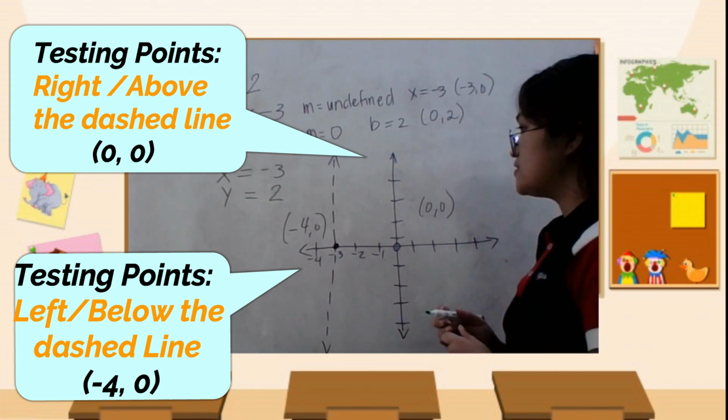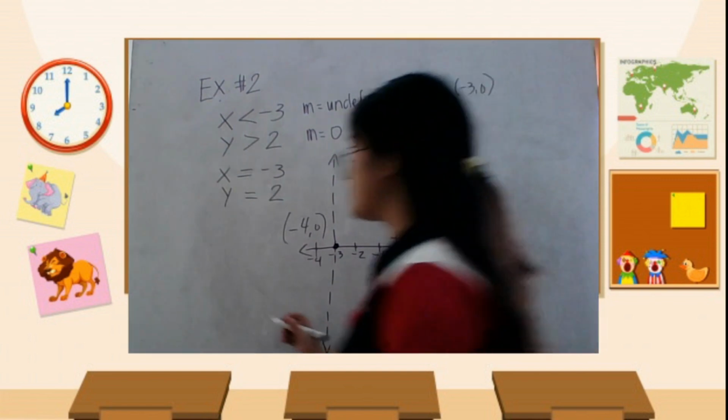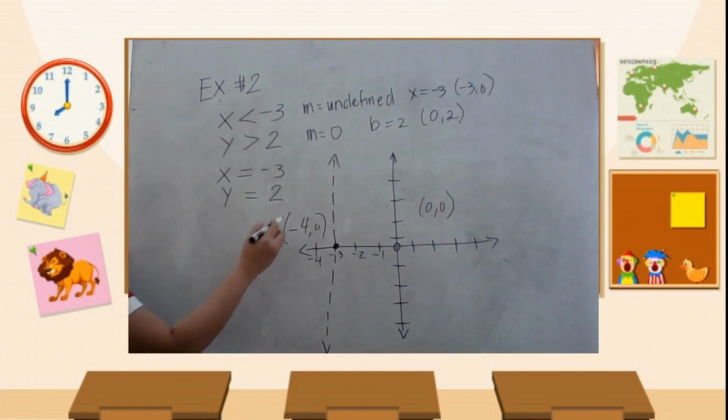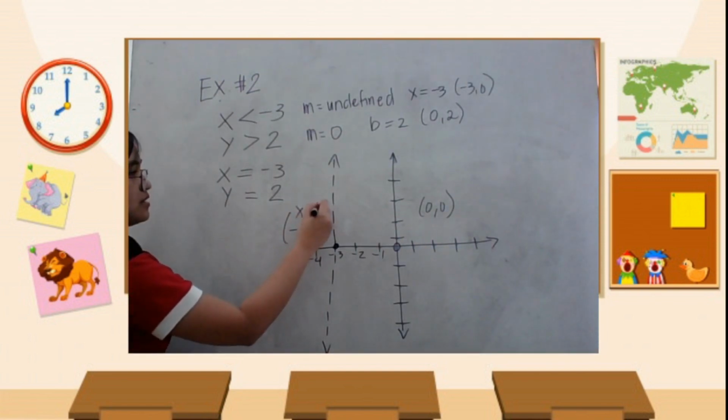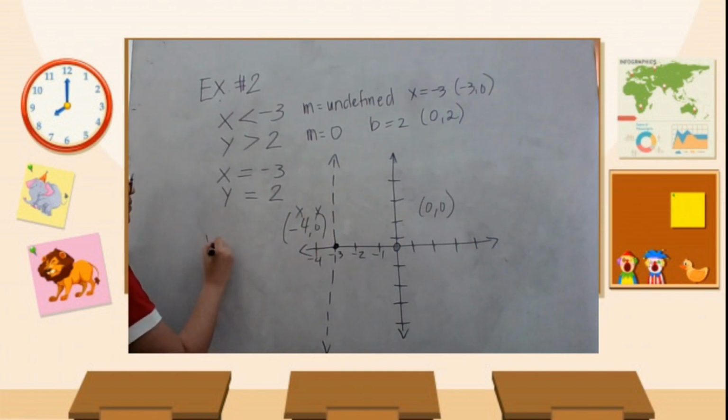So, let's try that. So, negative 4 is the x, and this would be the y. So, we have x is less than negative 3. So, x is negative 4, less than negative 3. Is that correct? Na mas mababa daw ang negative 4 kaysa kay negative 3. Yes. So, that is true.